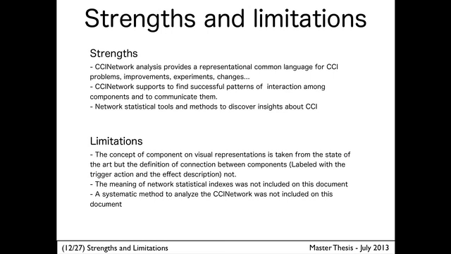Although it is needed to explore more systematically the concept of component-to-component interaction network analysis, the visual method is able to provide a representational common language to communicate changes to the component-to-component interaction network. And more important, these changes can be tested empirically.